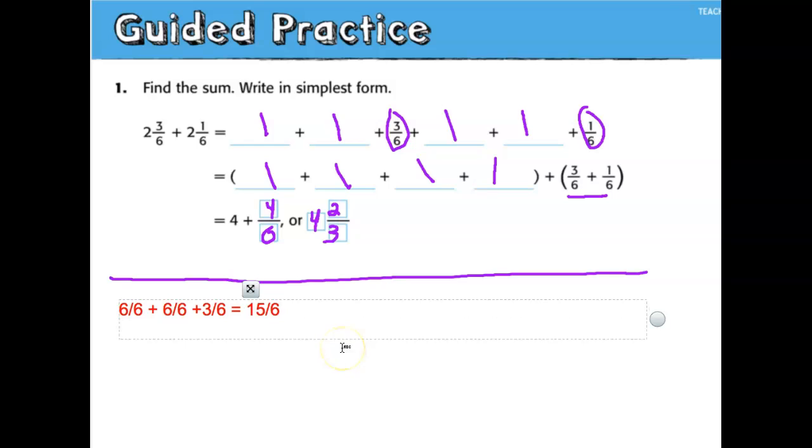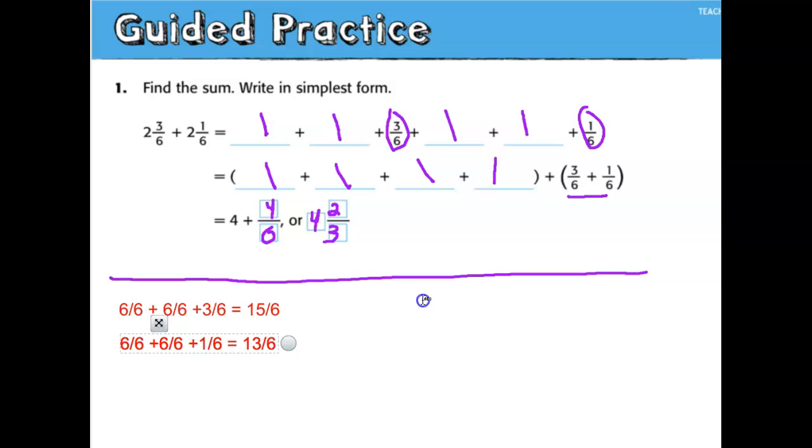My second number up here of 2 and 1/6 becomes 6/6 plus 6/6 plus 1/6. And when I make an improper fraction on that, it becomes 13/6. All right.